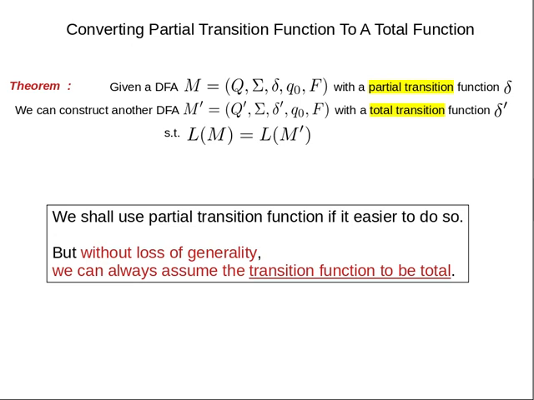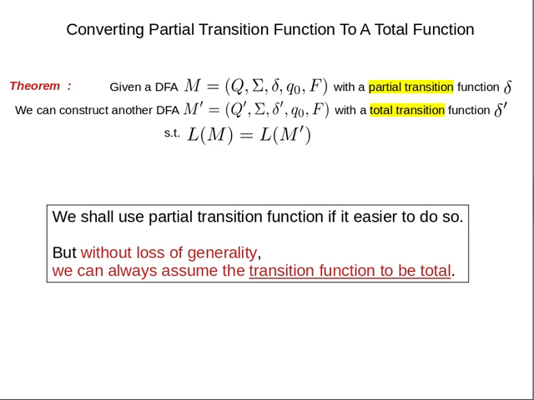Now, as I said before, sometimes it is easier to use this sort of partial transition function. If that is the case, we will use the partial transition function. But without loss of generality, we can always assume that the transition function is total, if we require that.